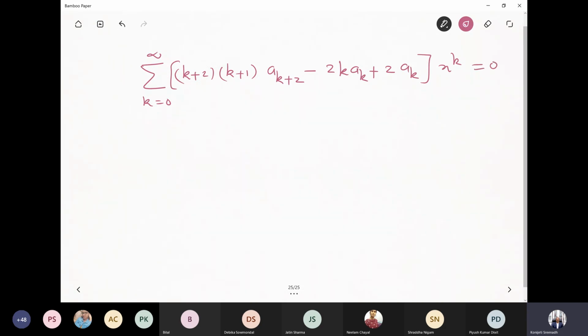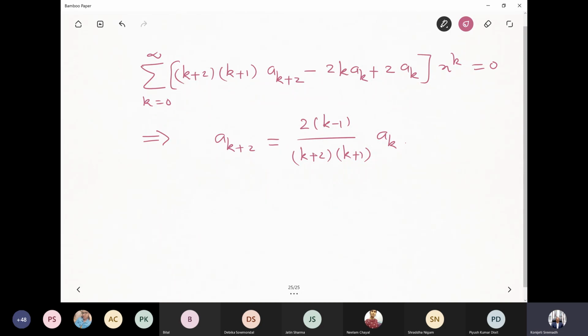And then we can apply the previous theorem, that if the series is 0 in a positive radius of convergence, then all the coefficients are 0. Okay, so this implies that you get a relation that a_(k+2) is equals to 2(k-1) upon (k+2)(k+1) times a_k. Okay.